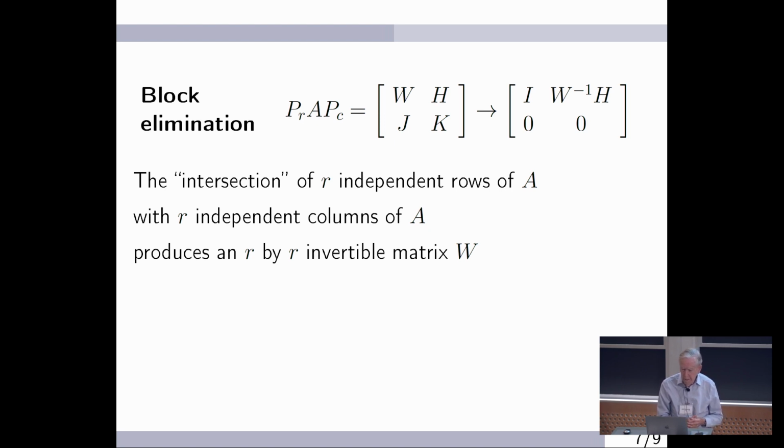And this is an interesting fact which may be well known, but I hadn't quite seen it: if you have r independent rows of a matrix, and r independent columns of a matrix, then where the rows meet the columns, that is an r by r matrix and it's invertible.